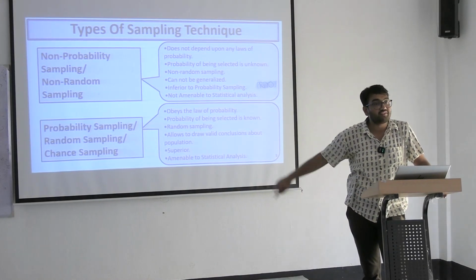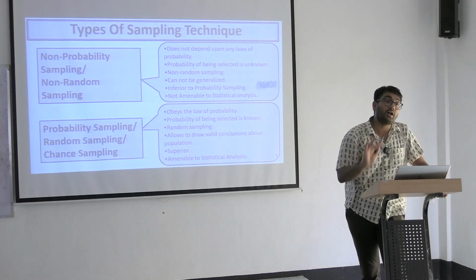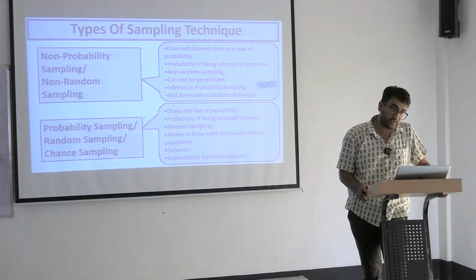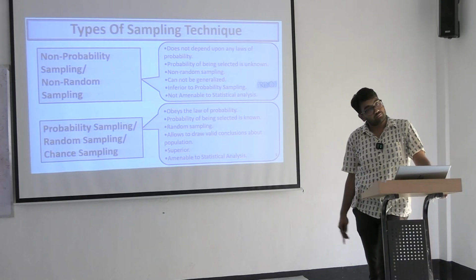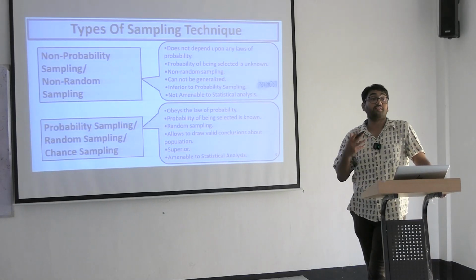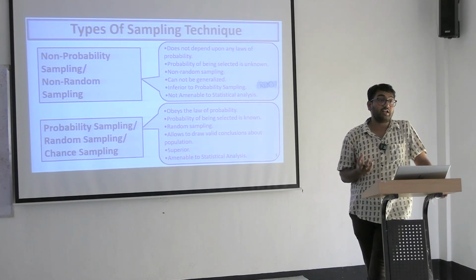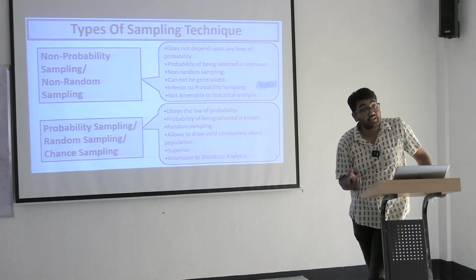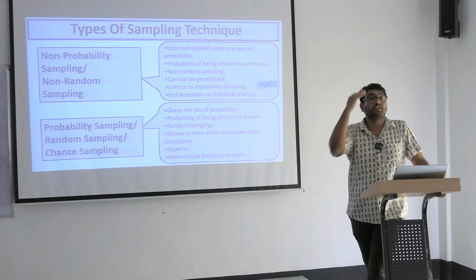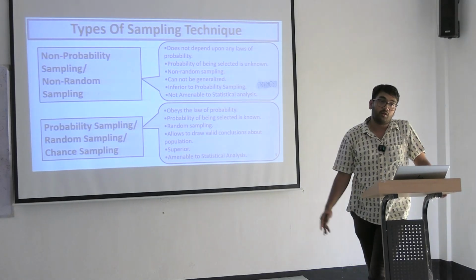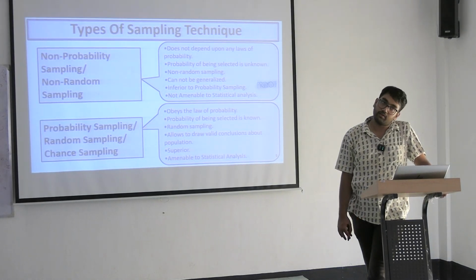That is, the findings of the sample are generalizable to the population, isn't it? And also it is amenable to statistical analysis. We can find out what statistical certainty we have about the findings of the sample being generalizable to the findings of the population, right?